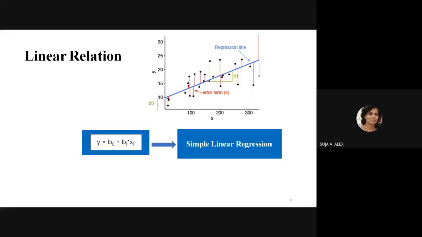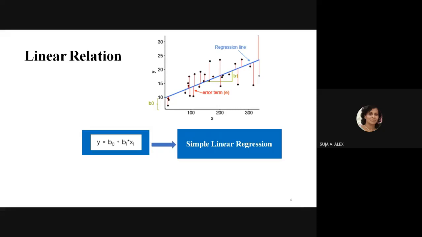Okay, now we can see the role of linear relation in regression analysis. The first equation y equal to b0 plus b1 into x1 is a simple linear regression equation. Here, the parameters b0 and b1 play a major role because we are going to find the value of y from the variable x1.